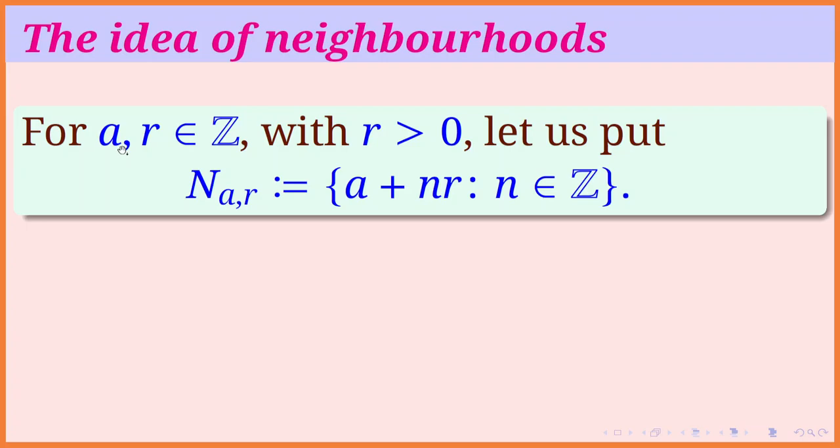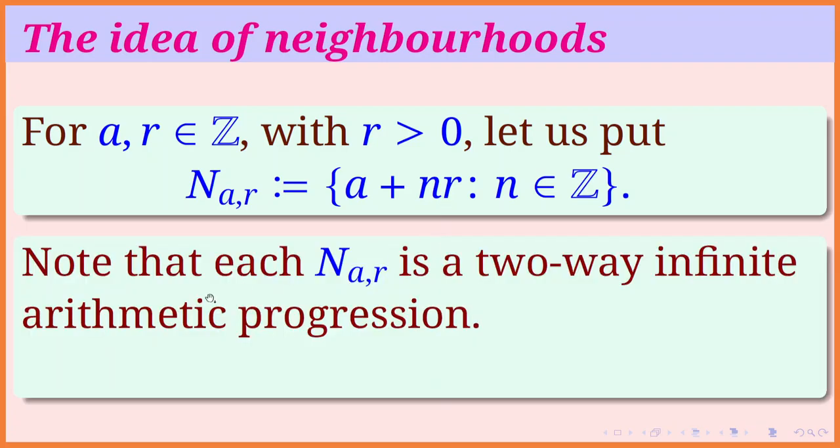For two integers a and r with r positive, let us consider a set N_{a,r} which consists of all numbers of the form a plus an integral multiple of r. Note that each N_{a,r} is a two-way infinite arithmetic progression.